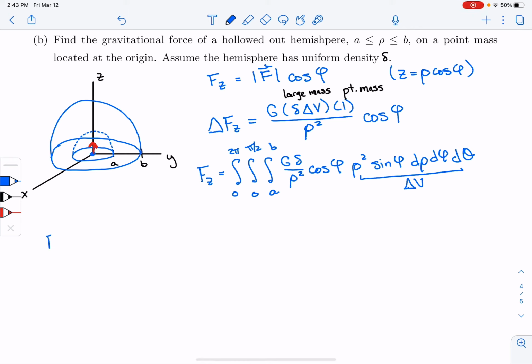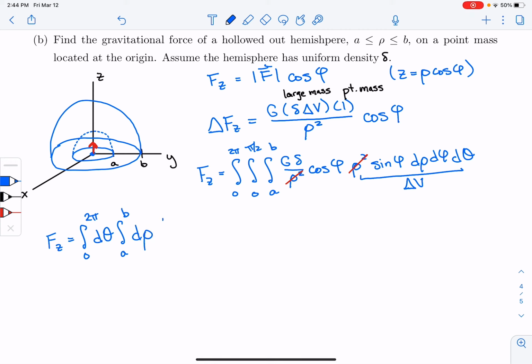So for our force in the z direction, we can bring out the theta integral, from 0 to 2 pi, of d theta. I'm going to notice that the rho squares cancel. That's kind of cool. And so we also have an integral from A to B of just d rho. There's no other things that depend on rho.